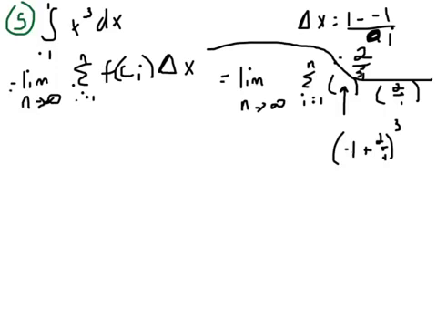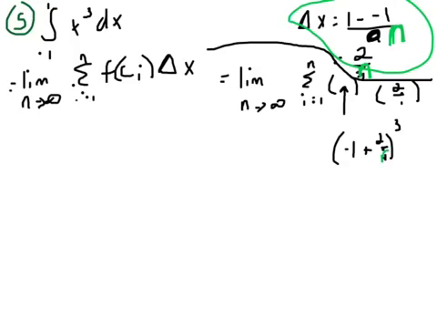Let me go back and change some things up here. I think I used my i too early. If I'm going to divide it into, let's come back up here and look at this part right here. When I do my change in x, let me use n just so I'm being consistent with the book. So this would be 2 over n here.